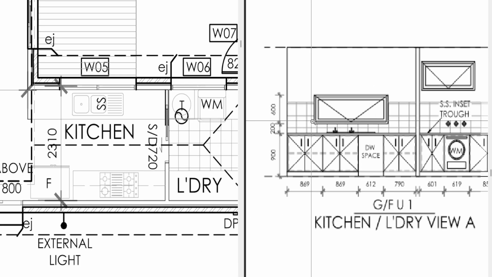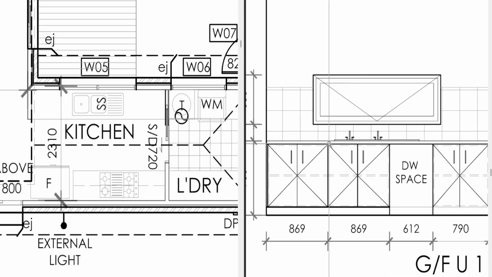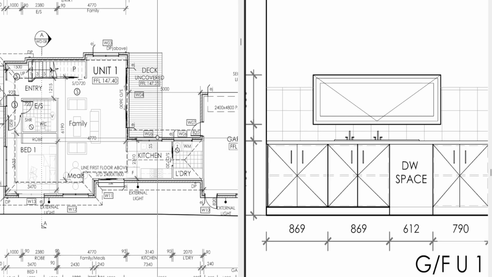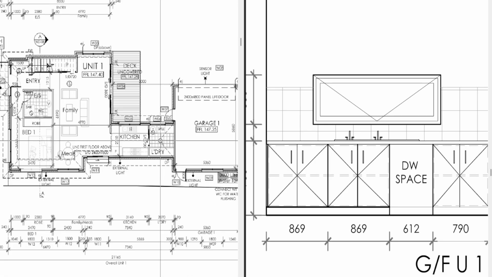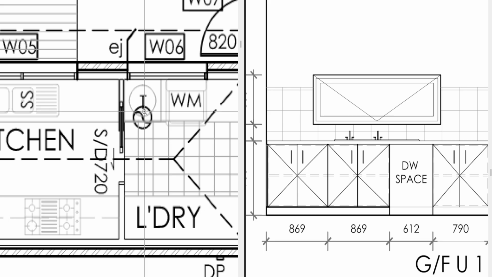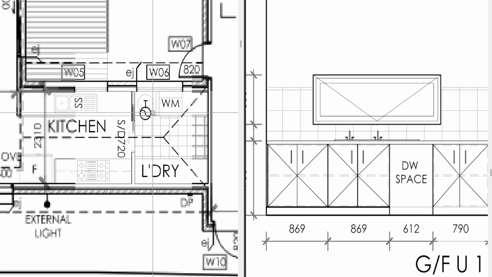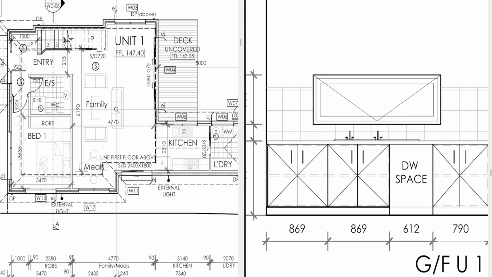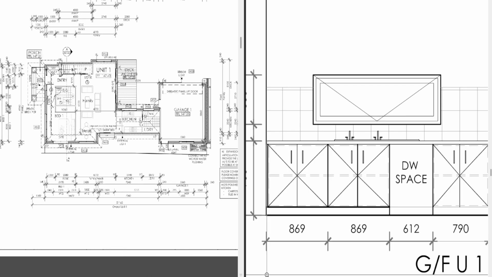So here you can get two tapwares that are floor mounted. We have done the laundry also. There is a laundry trough, and nothing more than this.